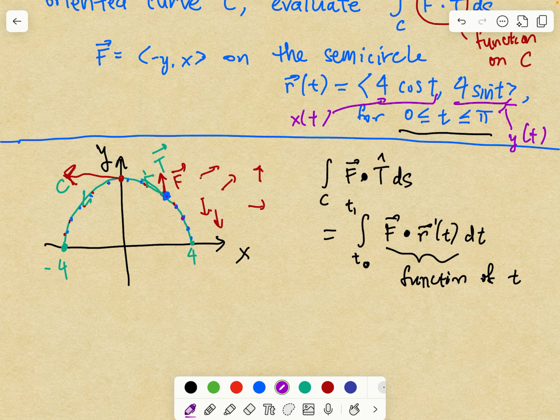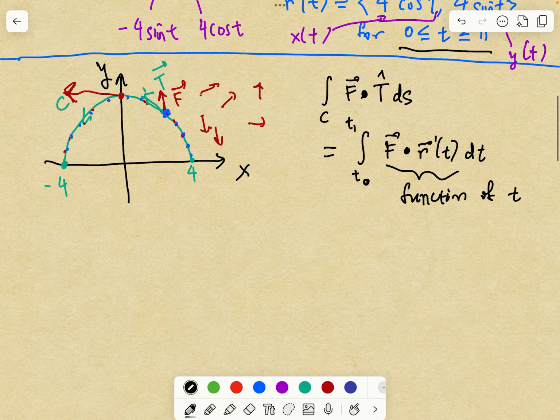So in terms of t, when you're only caring about the f on the curve c, your negative y in terms of t is negative 4 sine t. And your x in terms of t, well, that's 4 cosine t. So f in terms of t is negative 4 sine t, 4 cosine t. Let's write that down. So f is negative 4 sine t, 4 cosine t.